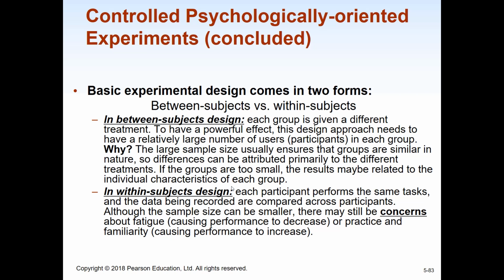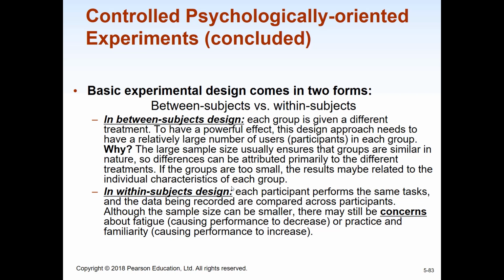The other form is within subjects design. In between subjects, the first one, we have a different treatment for each group. Here, within subjects, each participant performs the same tasks and the data being recorded are compared across participants.